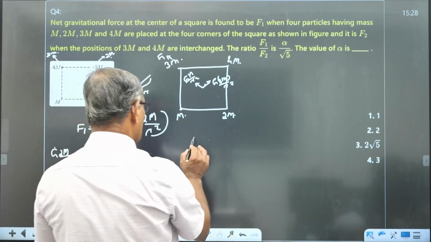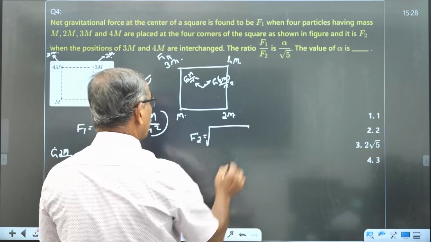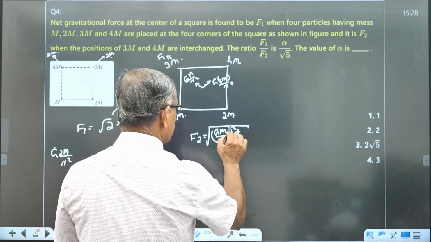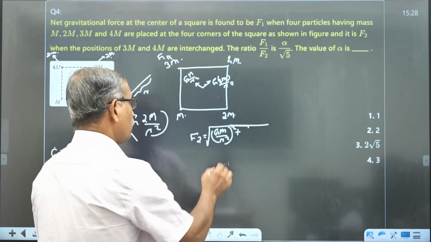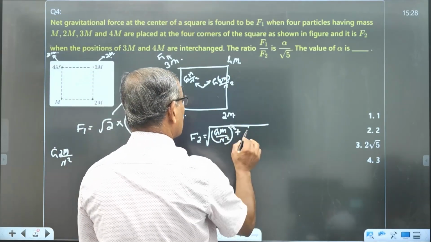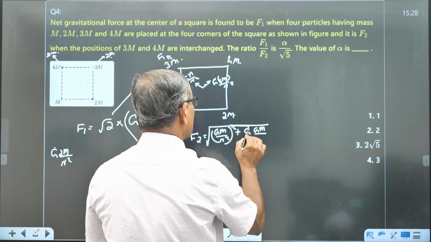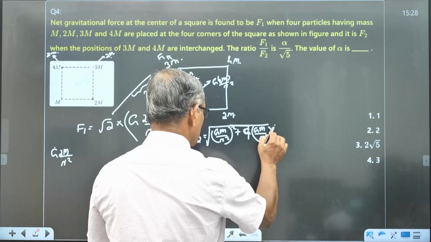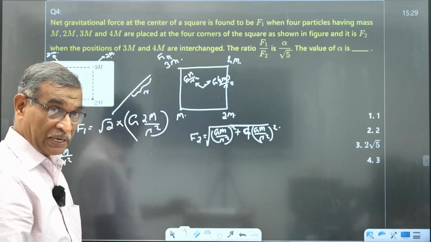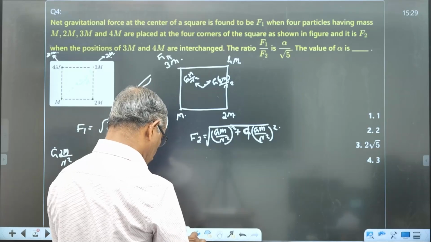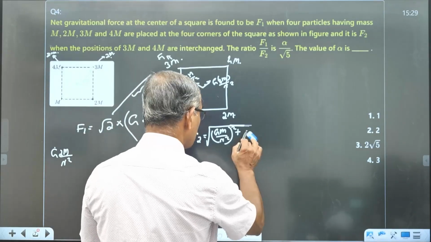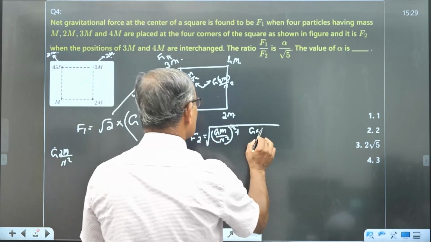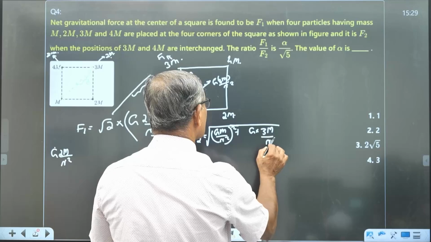The resultant here, F2, is equal to the root of G m by r squared whole squared plus, because they are mutually perpendicular, G into 3m by r squared whole squared.